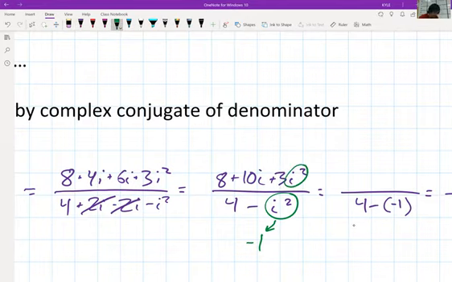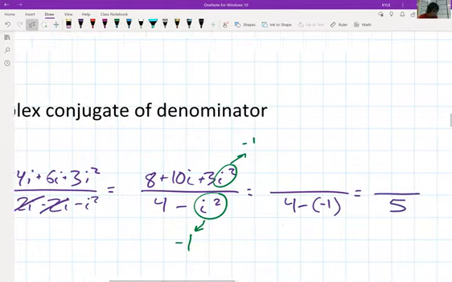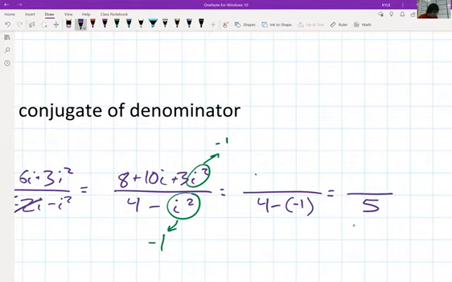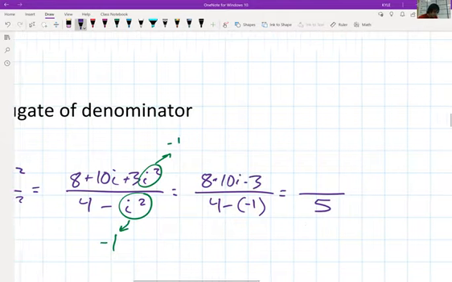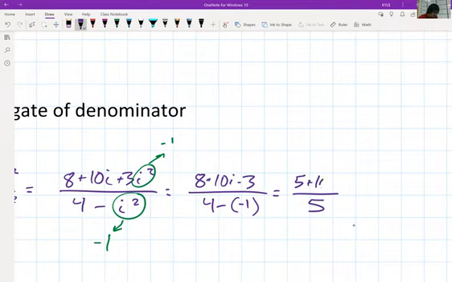We know that i squared is -1. So 3 times -1 there is -3. So we get 8 plus 10i minus 3, basically, plus that -3. 5 plus 10i. So 5 plus 10i on top.